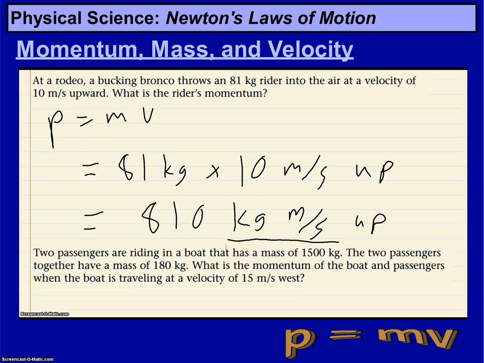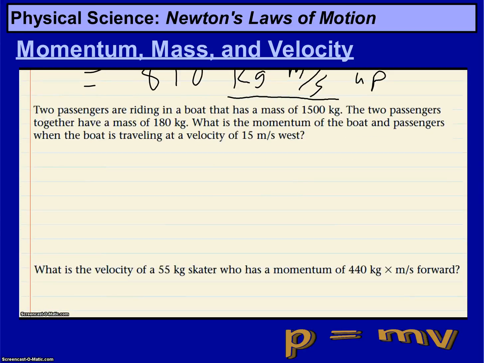Okay, so let's go on to the second problem. It's a little bit more challenging this time because we've got a boat with a mass of 1,500 kilograms. We've got two passengers whose mass is 180 kilograms. And we have the velocity, 15 meters per second west. Now, if you think about it, all we need to do in this problem is add the masses together.